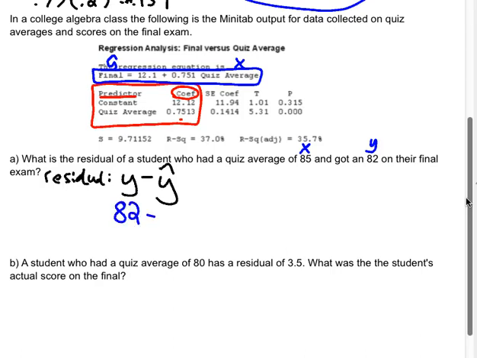So that 82 goes right there. Now, right now you may think that there's no purpose in that 85. It doesn't go into the residual calculation. However, it kind of does, because if we need to find the predicted Y, don't we need to actually use that X?